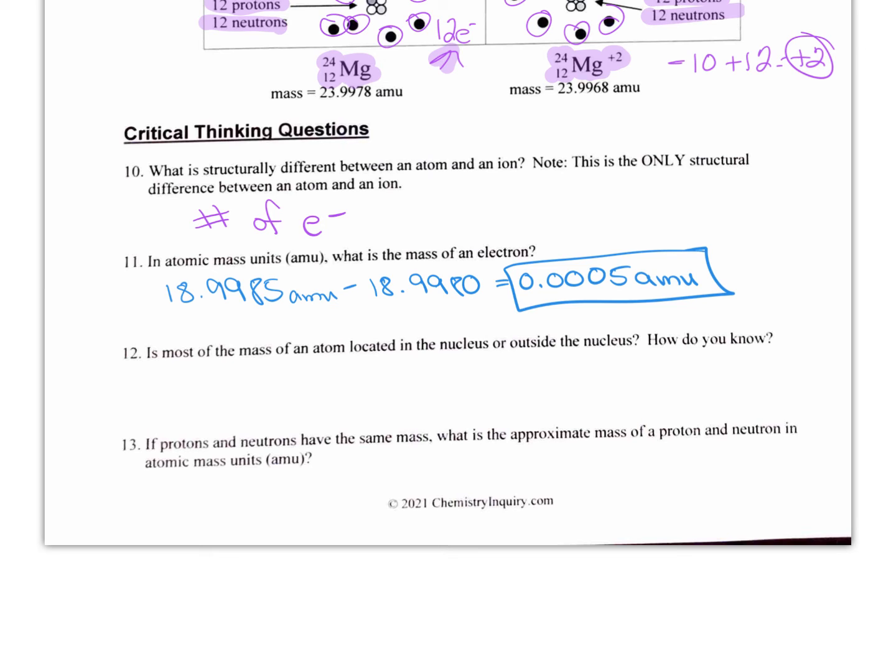So, is most of the mass of an atom located in the nucleus or outside? It's in the nucleus. How do I know? Because the protons and neutrons are in the nucleus.